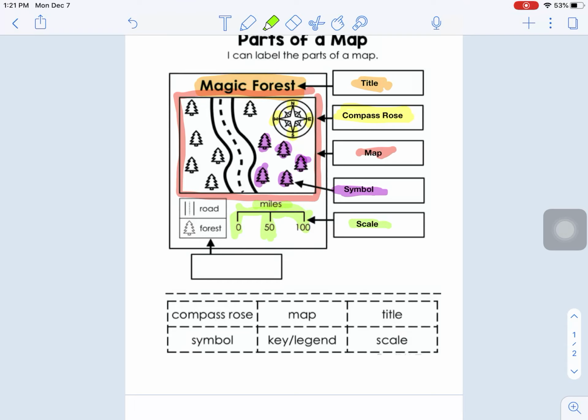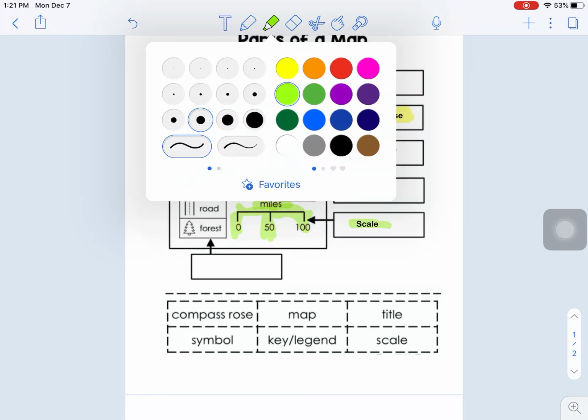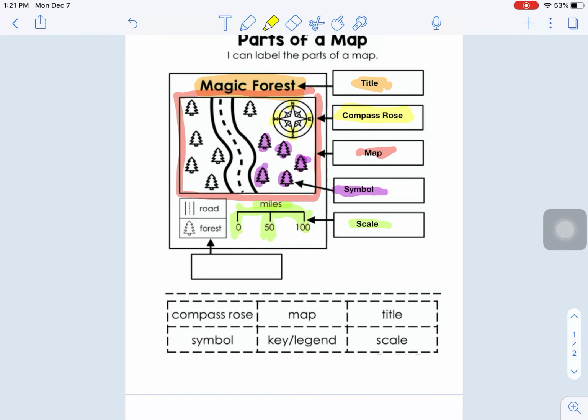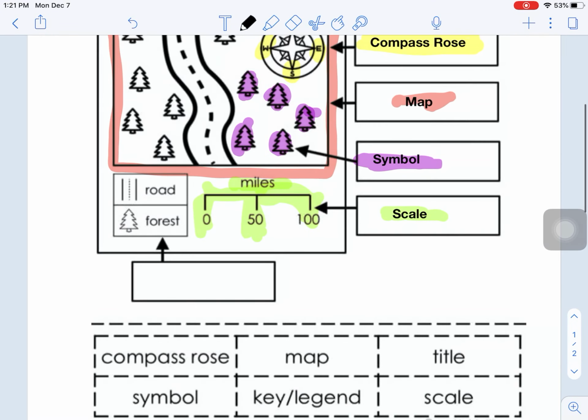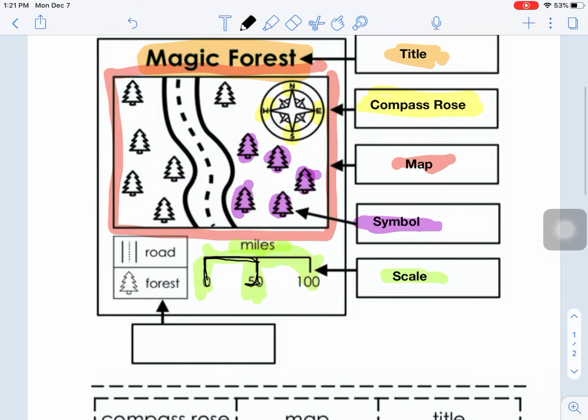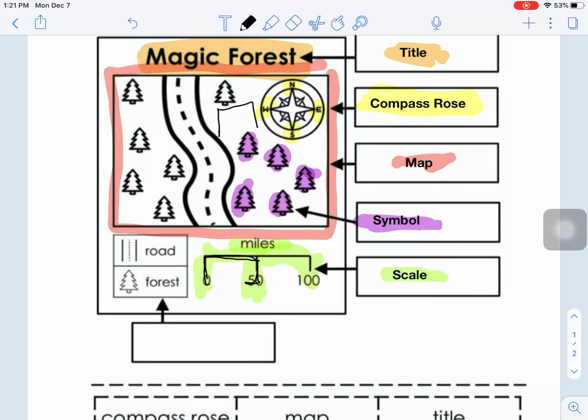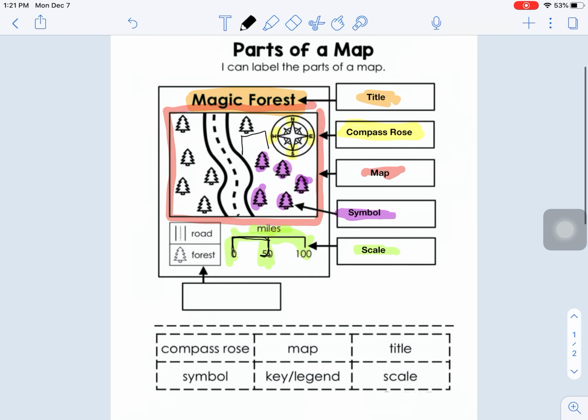And then we use those little scales to show us, well, this area, let me get a different pen here. So we're saying anything within this area right here, that's 50 miles. So if I were to come to my map and draw it on here, that would be 50 miles right there. So that is our scale.